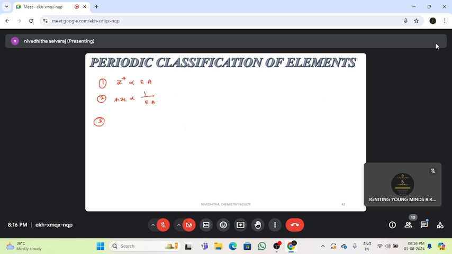Half-filled and completely filled configurations are very stable configurations. This atom need not add any other electron to get stabilized, right? So this atom will not gain one more electron at all. So the electron affinity of half-filled and completely filled configurations is nearly zero.